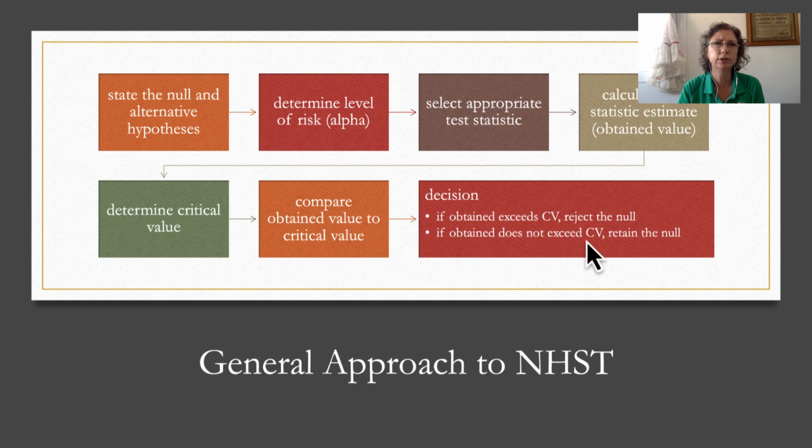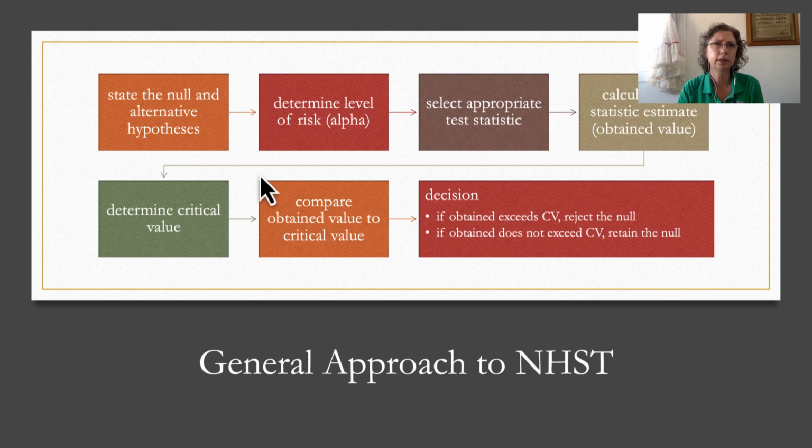It's even going to give us an indicator like an asterisk if the test estimate is significant, or we just look at the p-value and we're looking for a p-value less than 0.05 to indicate that the test estimate exceeded the critical value. So we approach it a little differently when we're using a statistical program to run the calculations instead of doing it with paper, pencil, and looking up tables.